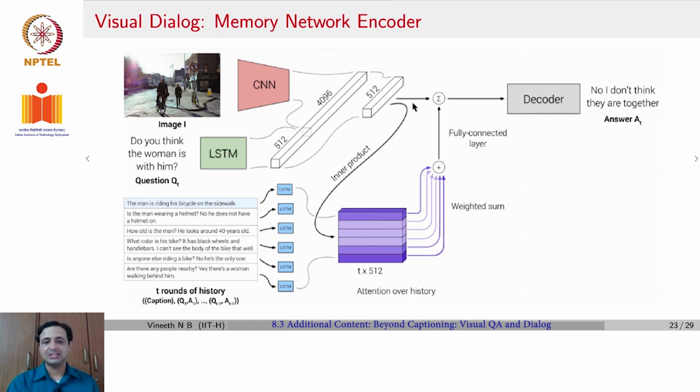Then you combine this with the current feature vector of the image and current question, and then you pass that to the decoder to get the final answer. Once again, to remind you, every component that you see here is differentiable, and you can learn all of these through a backpropagation step. Even attention over history is simply a weighted combination of inputs which can be backpropagated through.